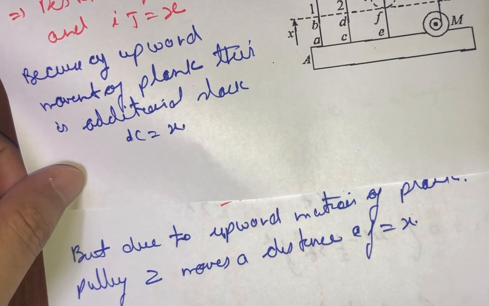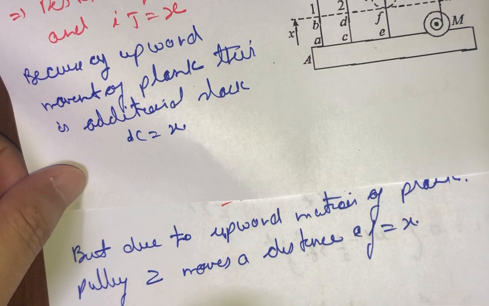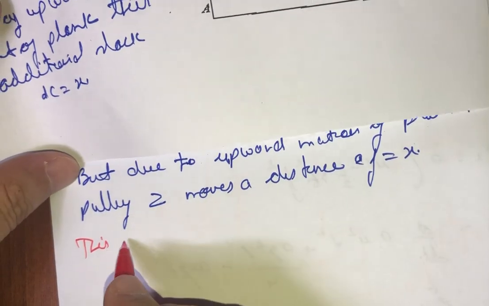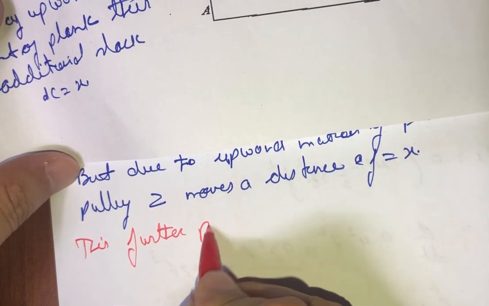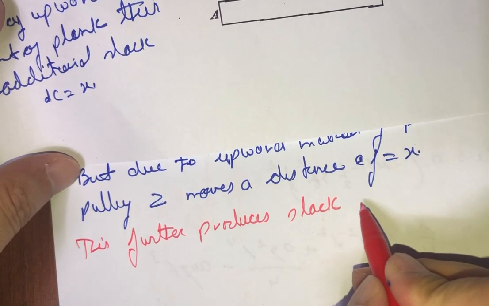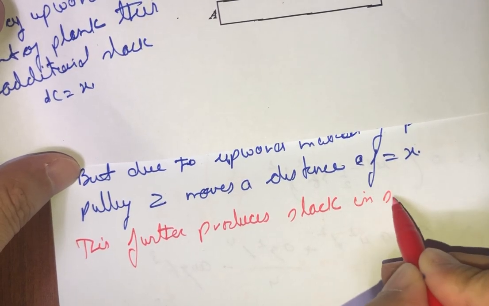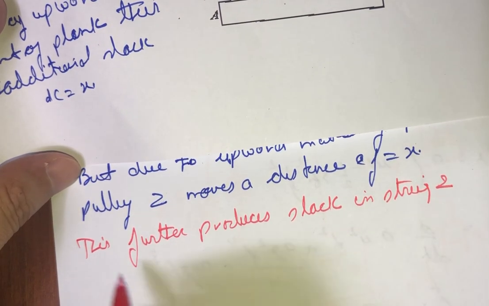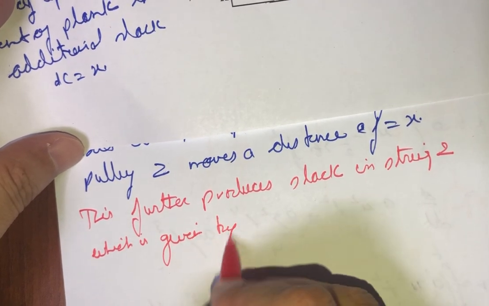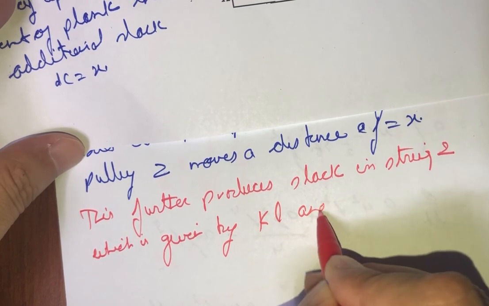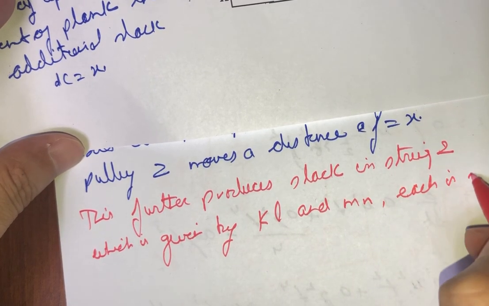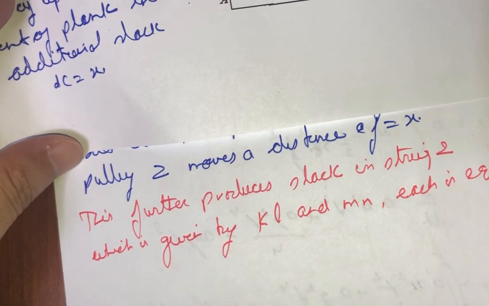This further produces slack in string 2, which is given by KL and MN. Each is equal to x.